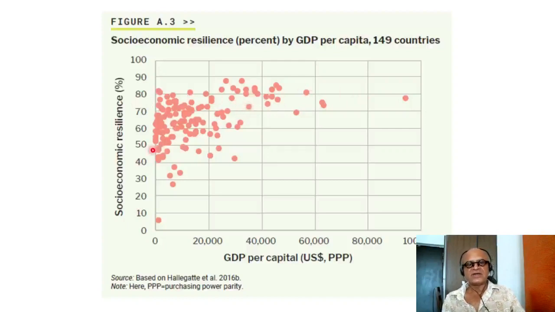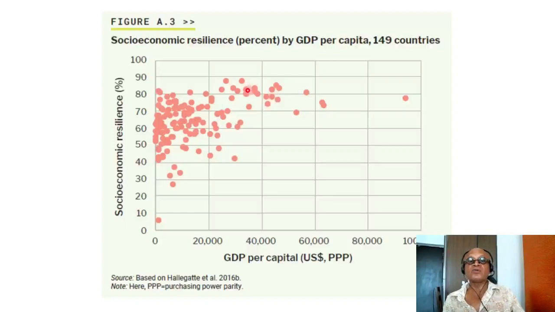So here the resilience has to be carefully considered, because poor people may not have much to lose, and they may be able to pick up and move and recover quickly from a loss. But if you have wealth and your per capita income is higher, you may be more susceptible or less resilient in terms of recovering from losses.